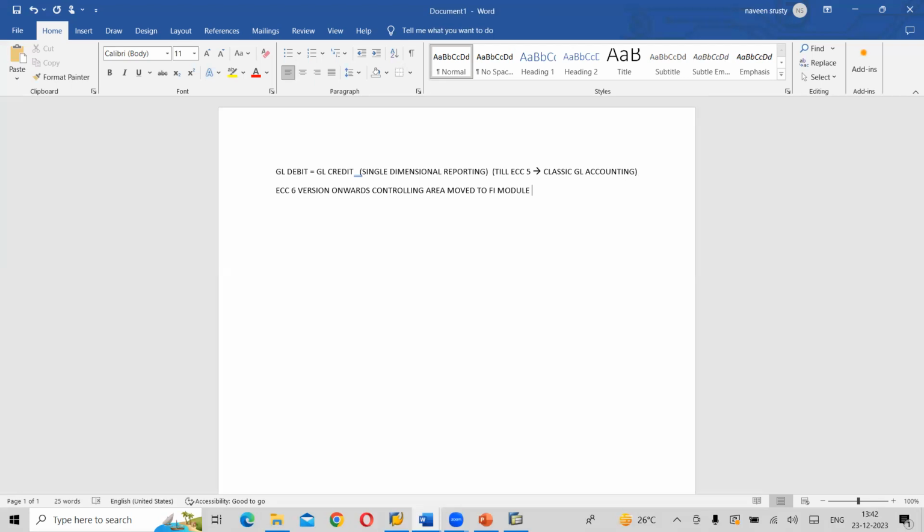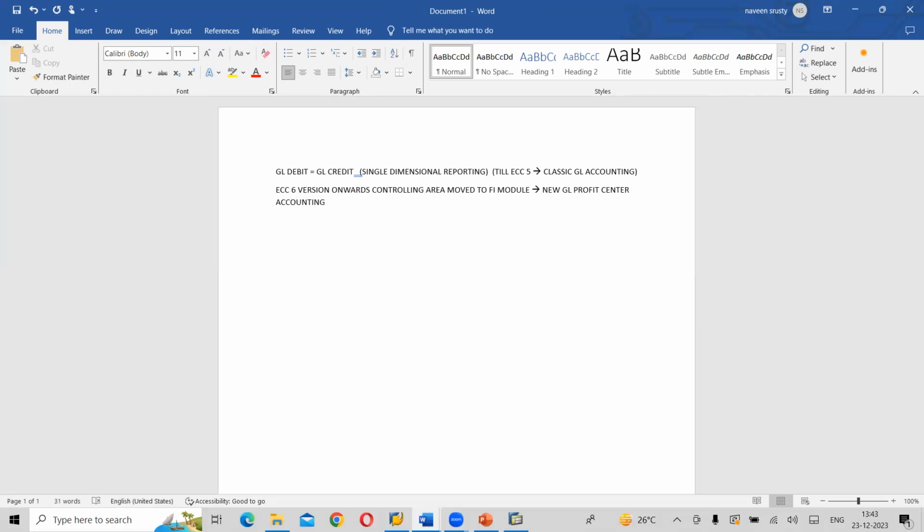Is that clear? So here, from ECC 6 version onwards, the controlling area is moved from CO module to FI module. From there it is called new GL profit center accounting. Don't worry about what is profit center, what is GL. We are going to discuss within a few days.